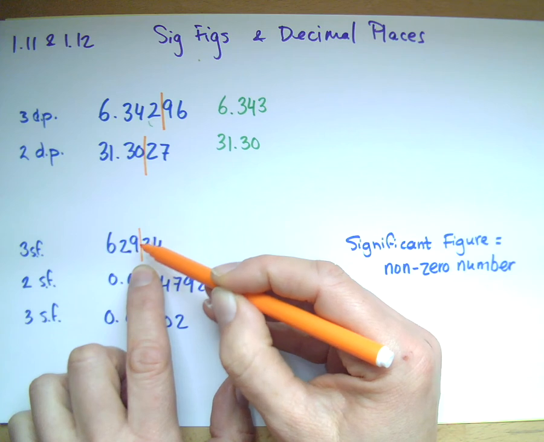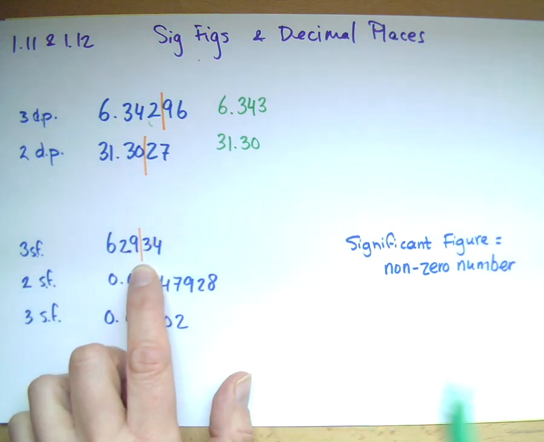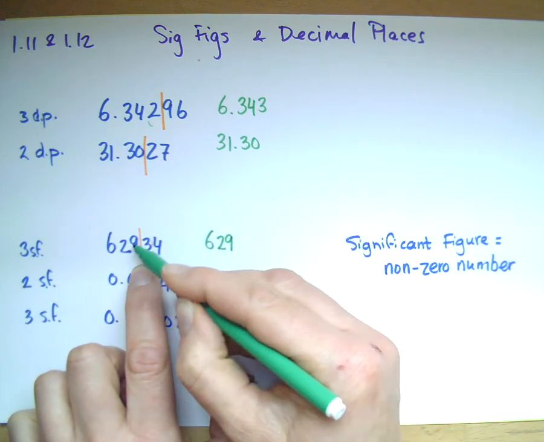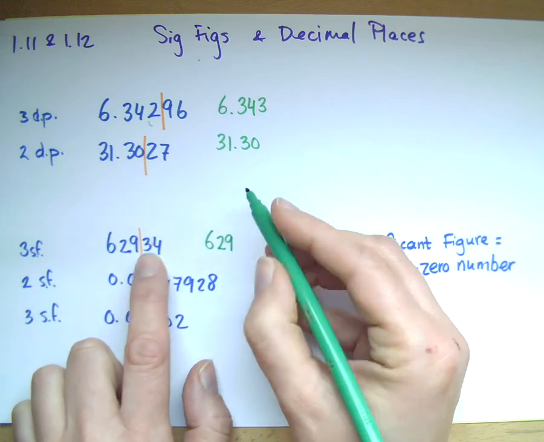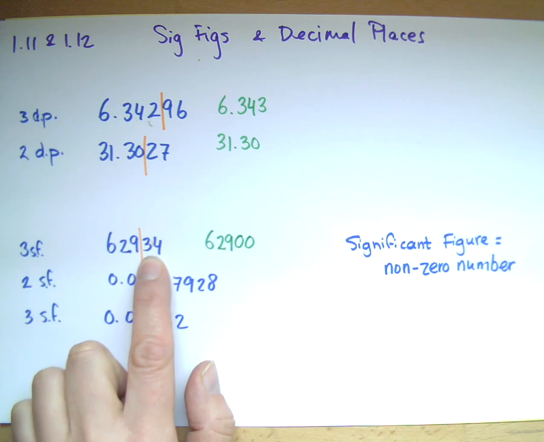This is a 3, so it's lower than 5, so we round down. So nothing changes to that 9. So we still have 6, 2, 9. We rounded down, so the 9 stays a 9. And we replace these 2 numbers with zeros.